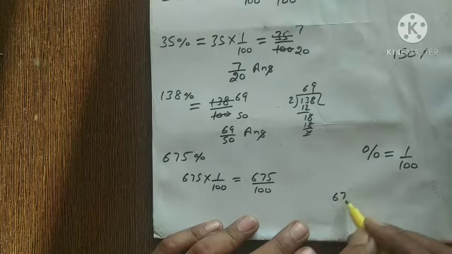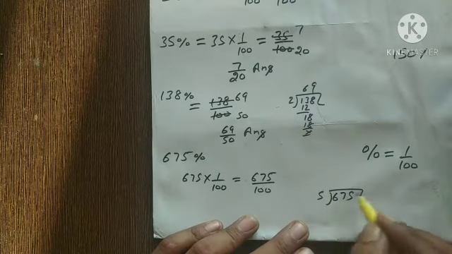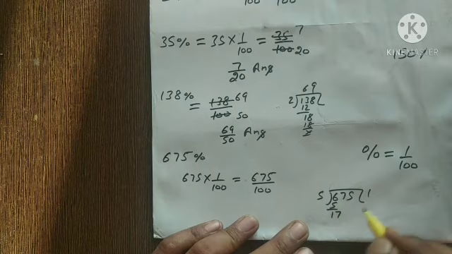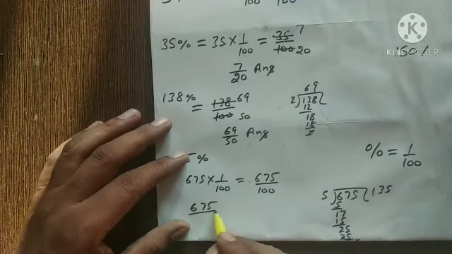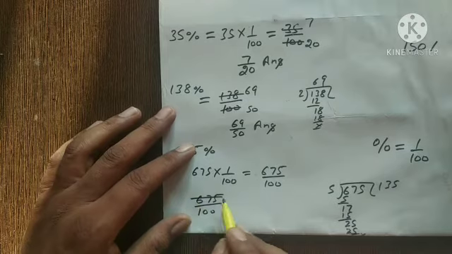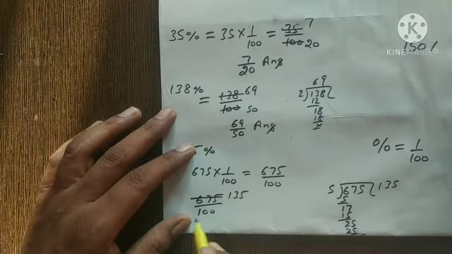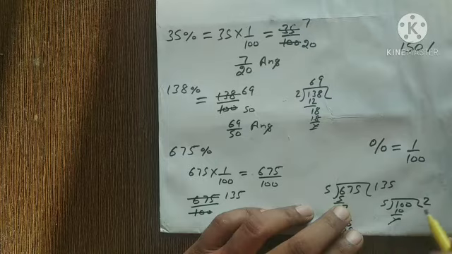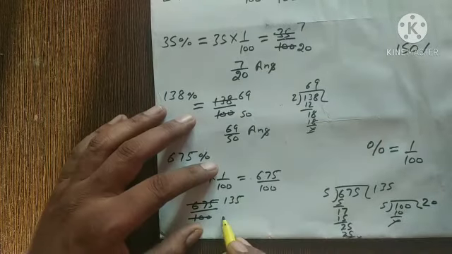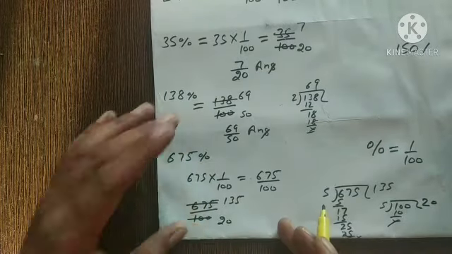So you see 675 divided by 5 is 135. Now I will write it again here. When I divide this, the answer is 135. If I divide 100 by 5, my answer is 20. Okay student.